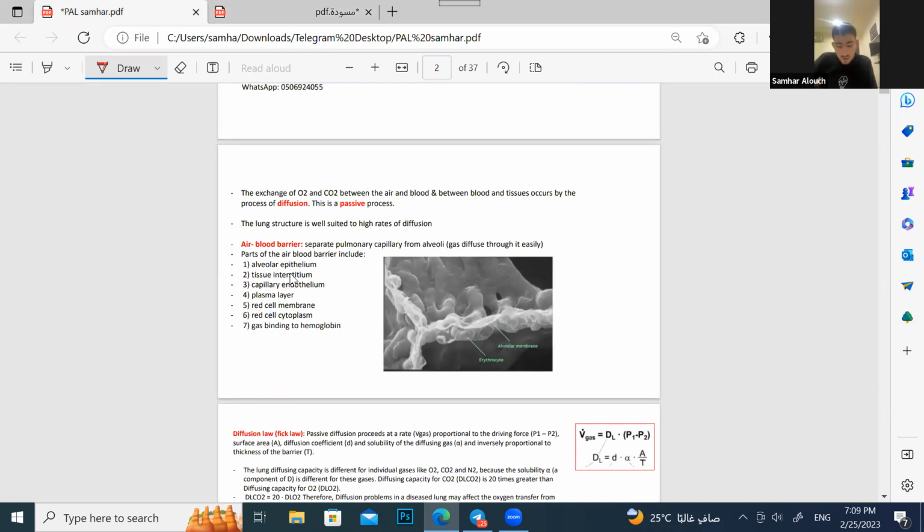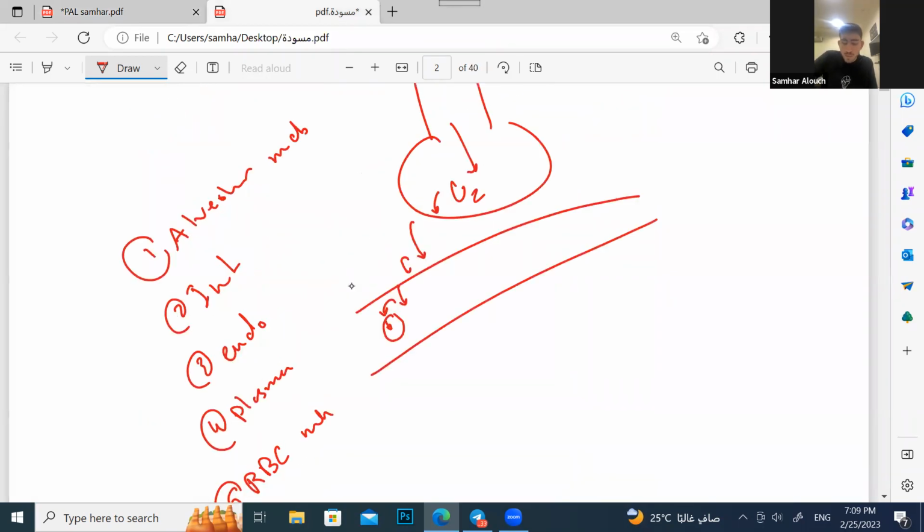First one is the alveolar epithelium, then the tissue interstitium, then the capillary endothelium, then the plasma layer, then the red cell membrane, then the cytoplasm of the red blood cell, and then the hemoglobin. It binds to it. So all of these membranes that the oxygen needs to pass are called the air-blood membrane. Is it clear?